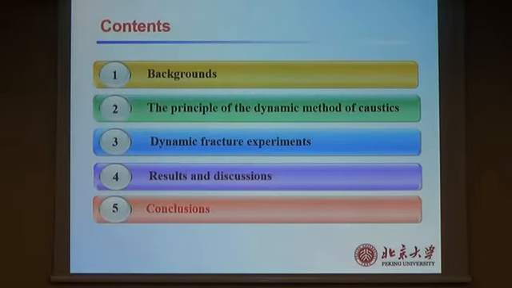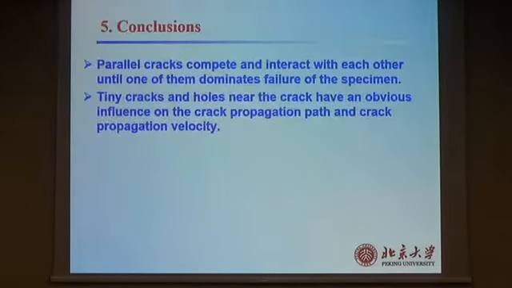Before I finish my presentation, I would like to conclude my talk. First, the results show that parallel cracks, when they propagate, compete and interact with each other. Mostly one moves faster, one is slow, maybe stays there and couldn't propagate.